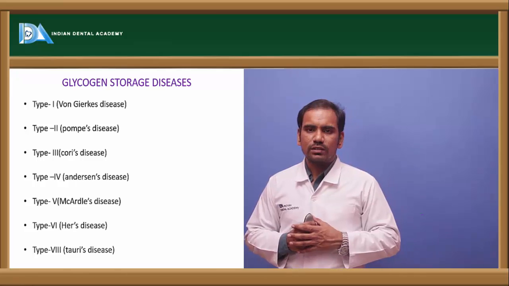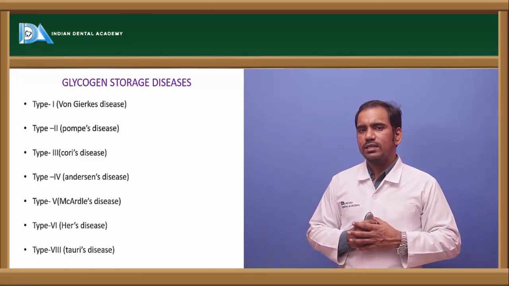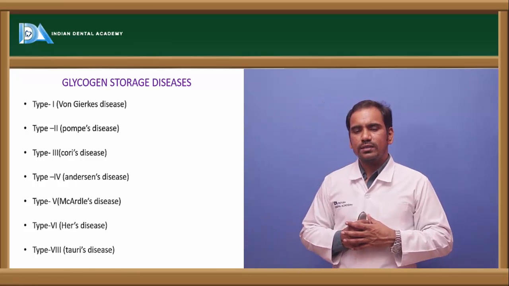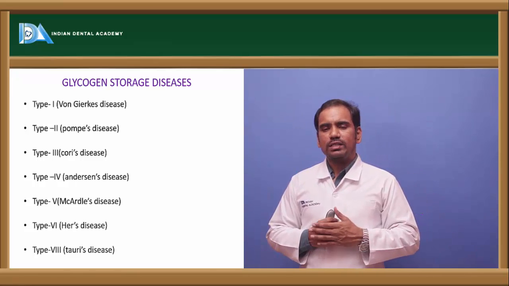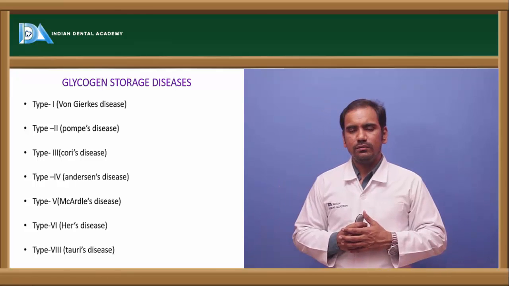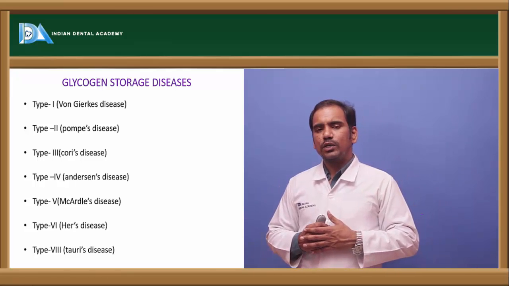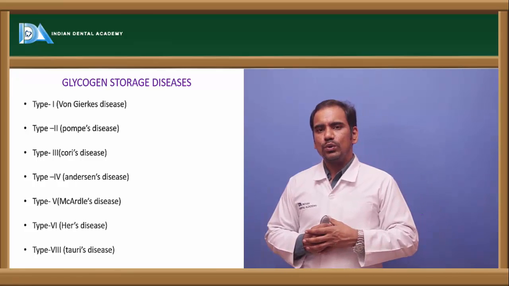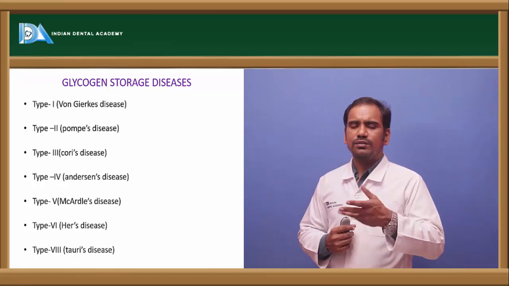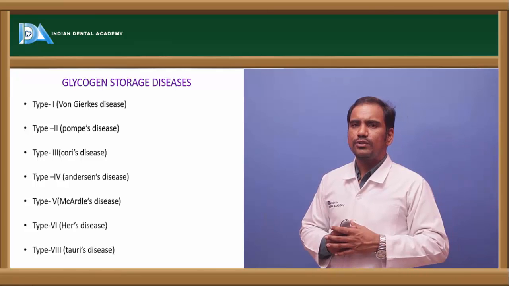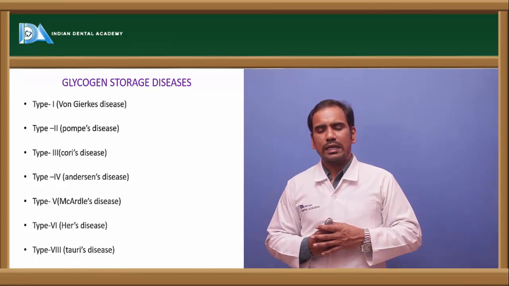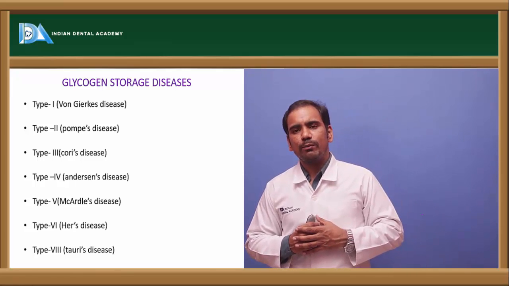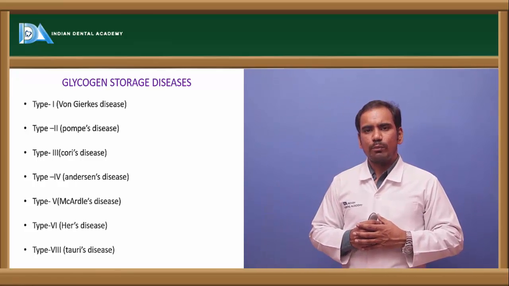The most important one is type 1 glycogen storage disease, that is Von Gierke's disease. Here the defective enzyme is glucose 6 phosphatase. Because of deficiency of this enzyme, glucose 6 phosphate cannot be converted into glucose, which leads to hypoglycemia. In type 1 glycogen storage disease, the type of hypoglycemia is fasting hypoglycemia.